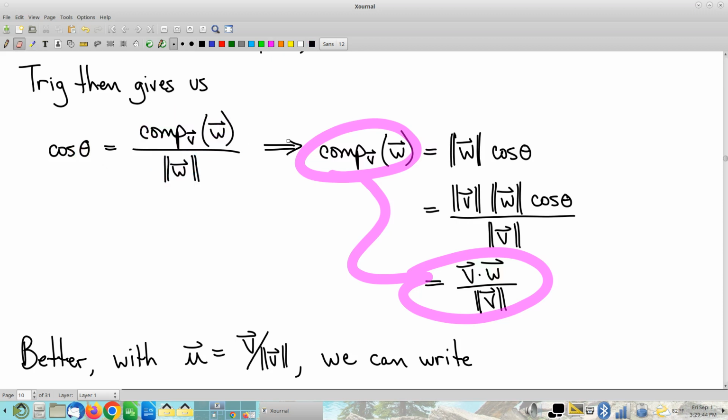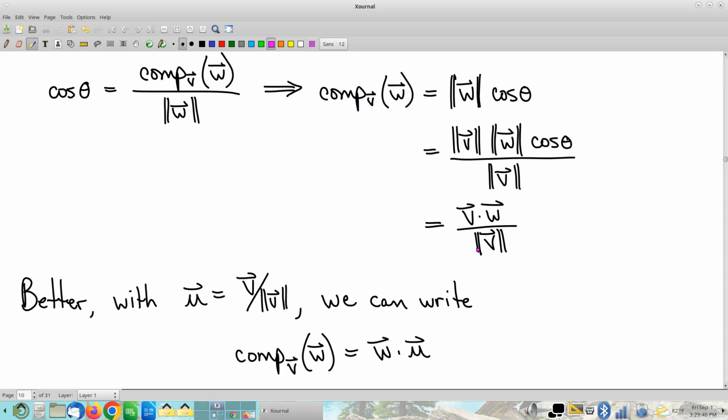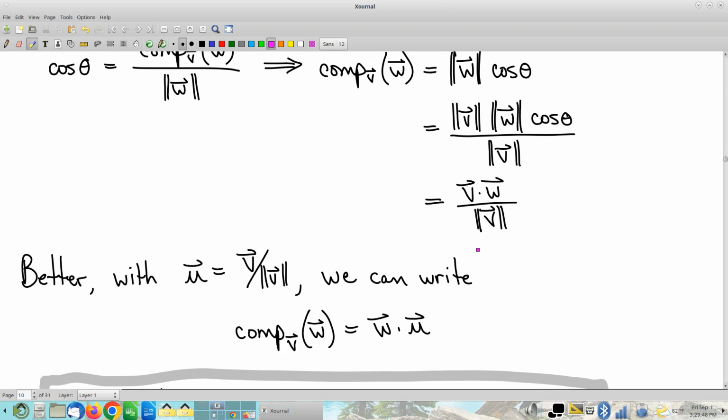Okay, now I have an even better formula for the component. And it comes from making the convenient observation that, look at that, I have v divided by the magnitude of v. As previously noted, that's a unit vector. And I'm just going to reinterpret v divided by magnitude of v as u, this unit vector, and then check it out.